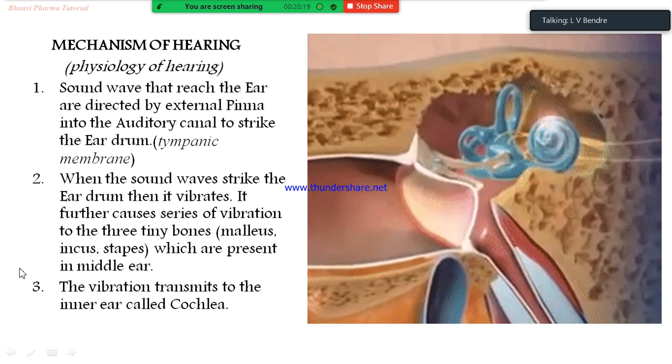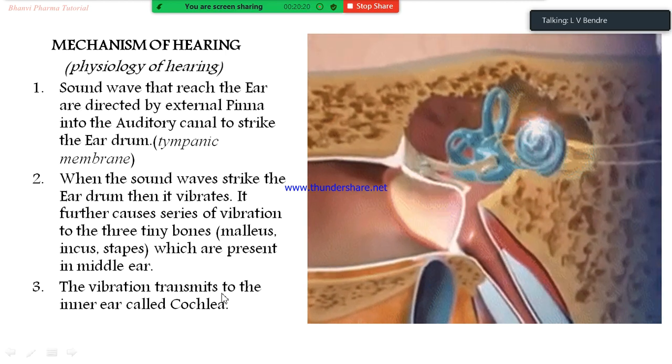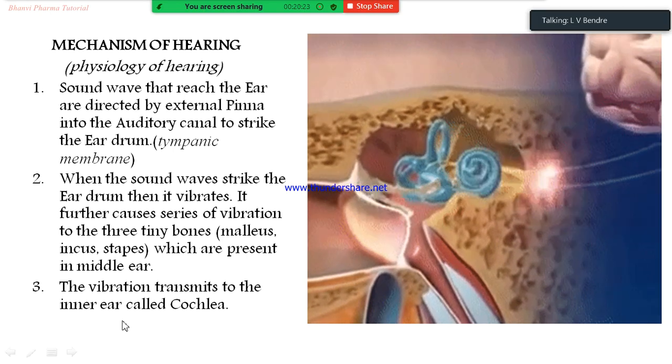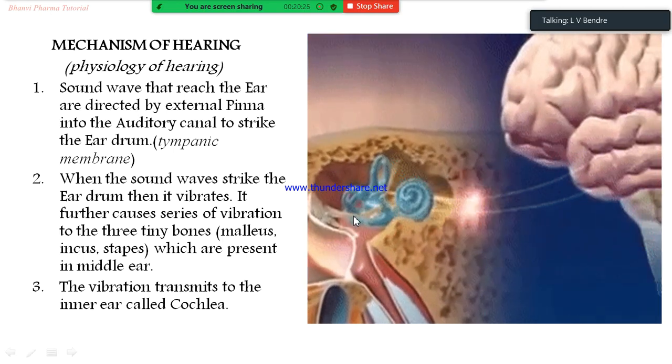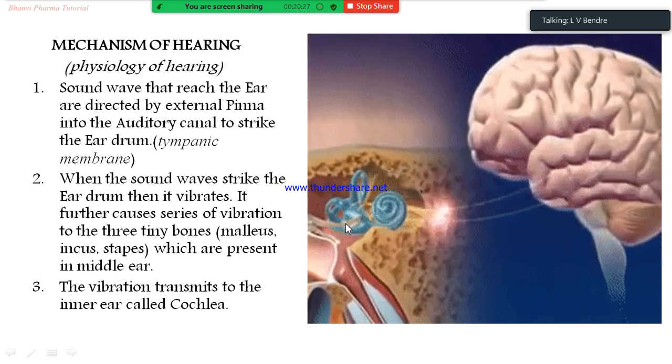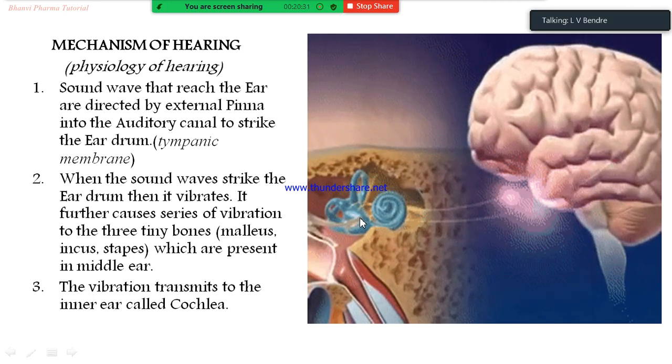Next, the vibrations are transmitted to the inner ear. You see the animated diagram of how the process occurs in our ear.